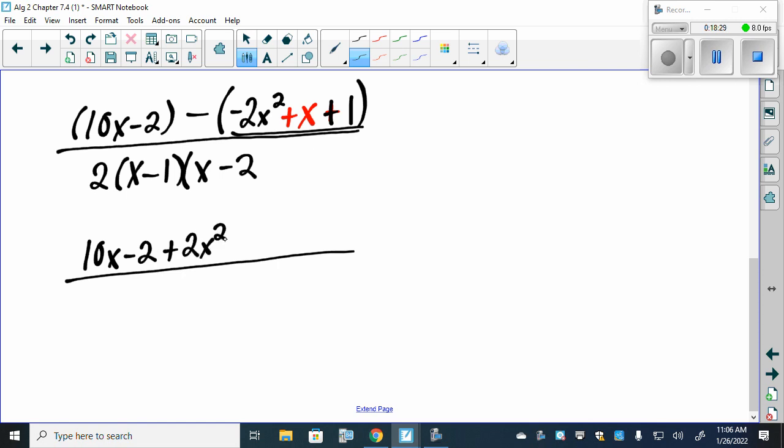And if I subtract a positive x, it's going to look like a negative x. And if I subtract a positive 1, it's going to look like a minus 1. And this is still over 2 times x minus 1 times x minus 2. I forgot that parenthesis.